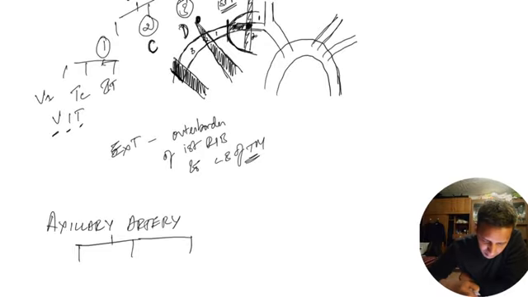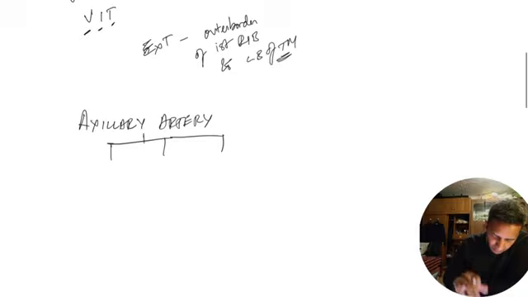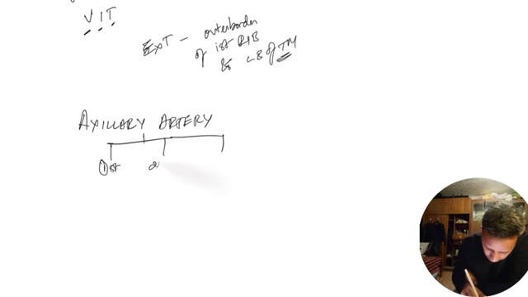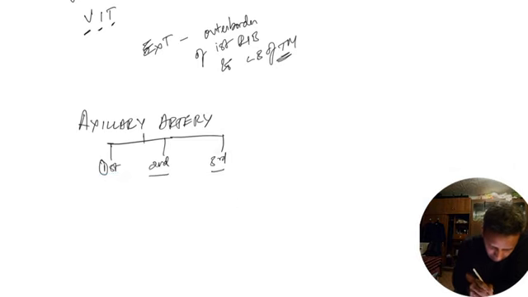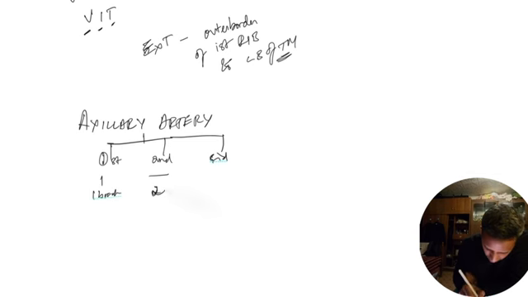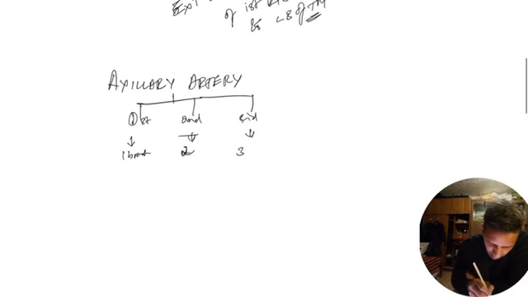Now what are the branches of the axillary artery? The first part has one branch, the second has two, and the third has three branches. The first branch is your suprathoracic artery.